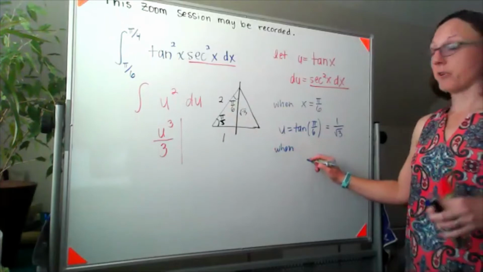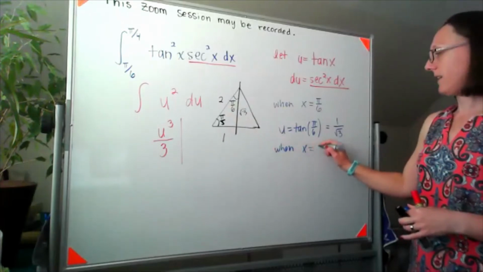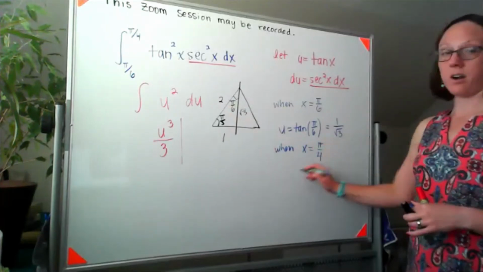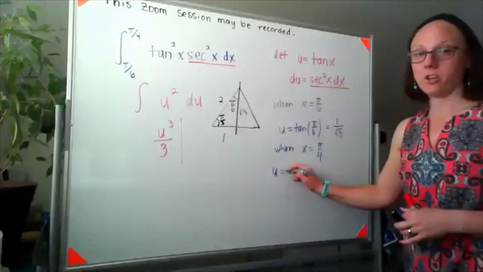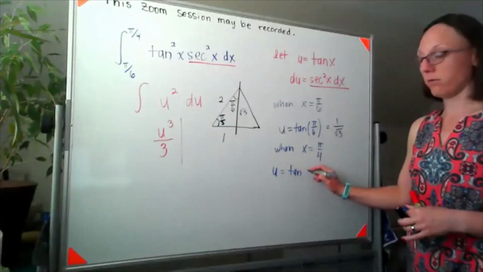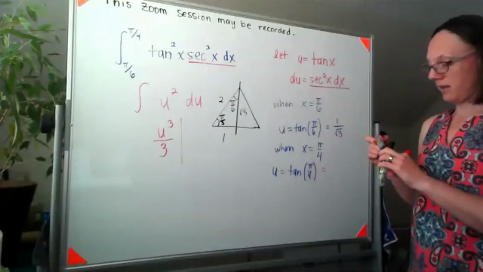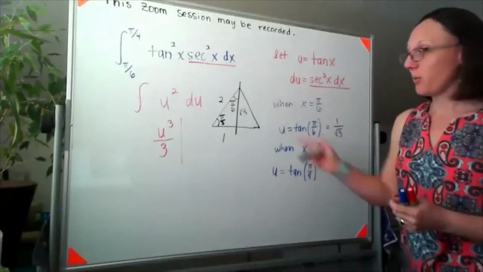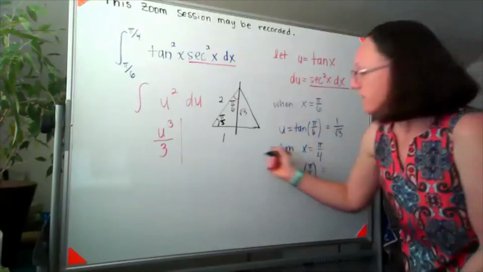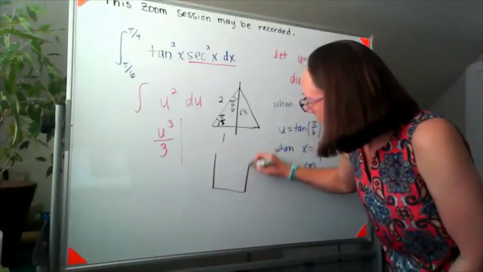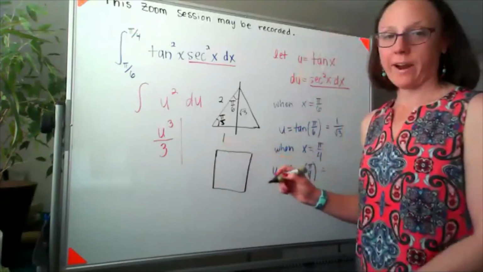To adjust our other bound, when x is pi over 4, that would make u tangent of pi over 4. And this one doesn't go with an equilateral triangle. This one instead goes with a square.